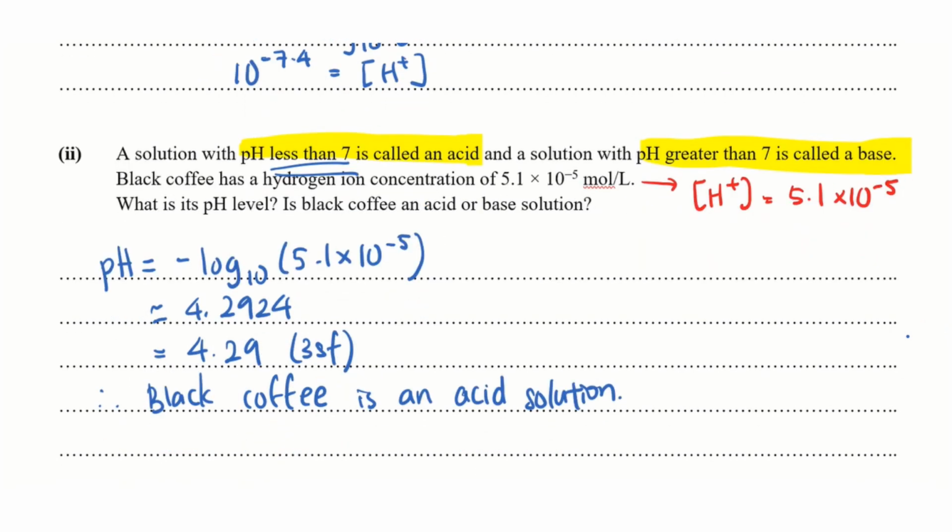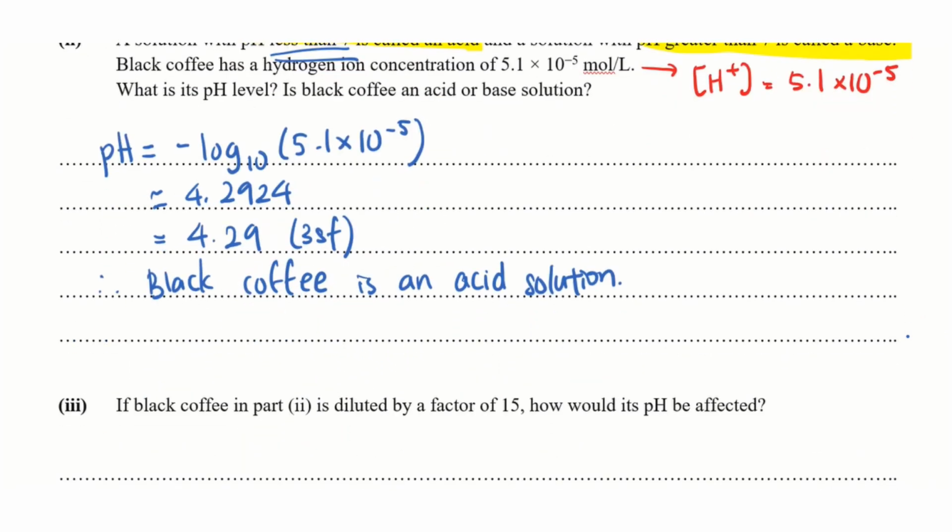Moving on to part 3. If black coffee in part 2 is diluted by a factor of 15, how would its pH be affected? When we say that it is being diluted by a factor of 15, what this means is that the hydrogen concentration level is being divided by a factor of 15.